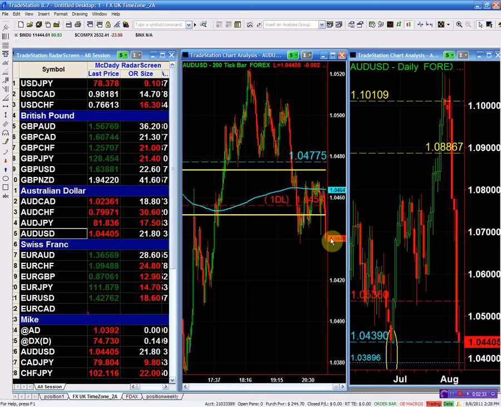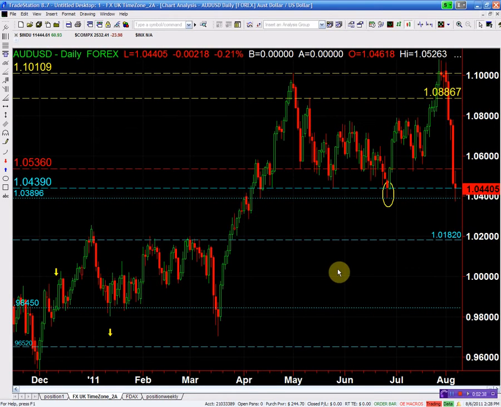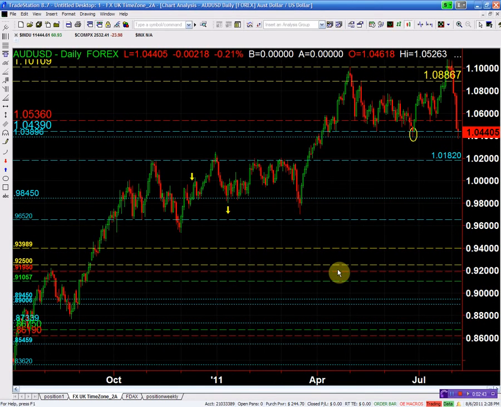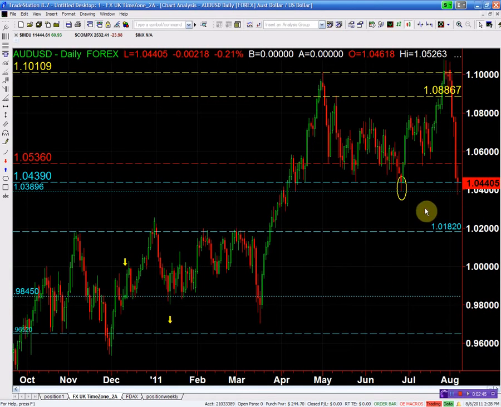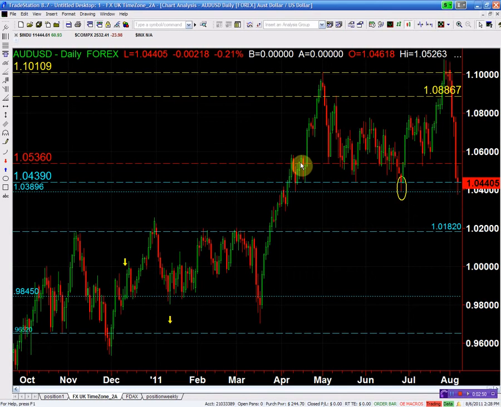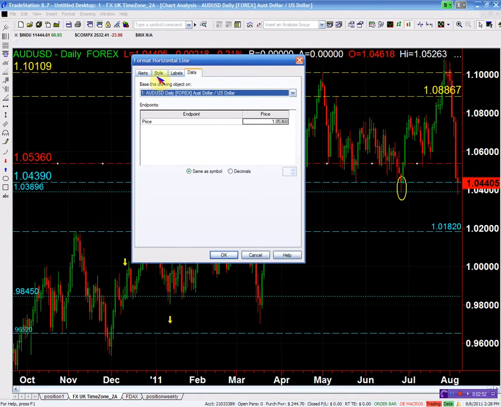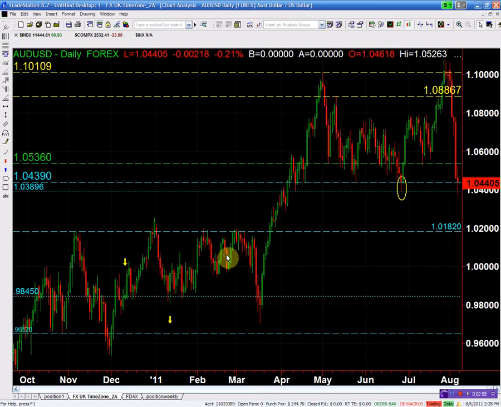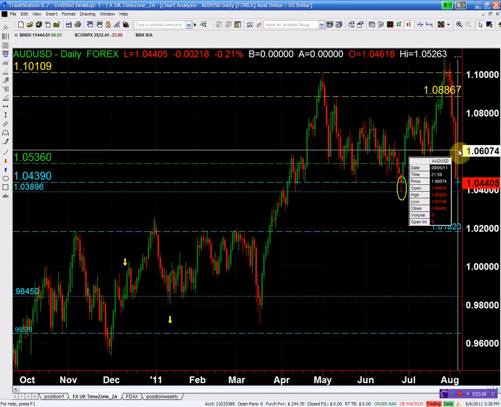Our buy signal, we can use the 105 now, which is the sell signal that we had from last week. We can use that as a buy signal right now, because Friday's high is 105.26.